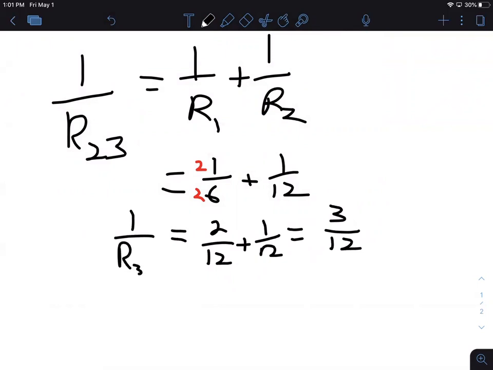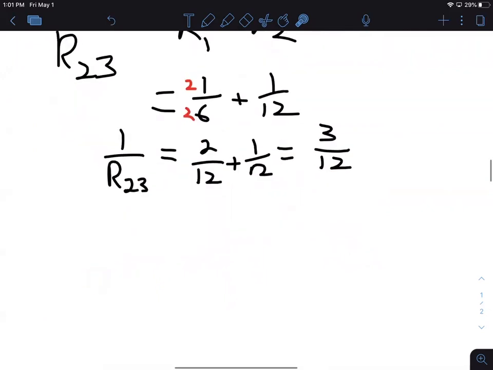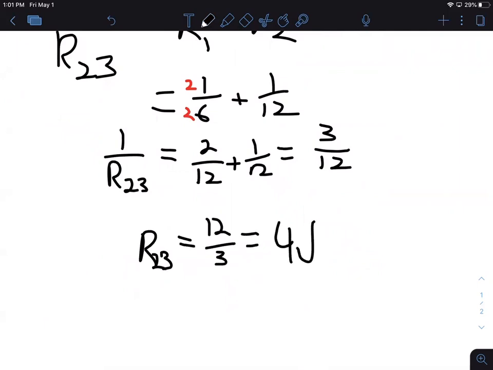So here's a big mistake I see students make a lot, is they'll then say, okay, my equivalent resistance is 3/12. That is not the case because this is 1 over. I have to flip this number at the end to figure out what R23 is. So R23, if I invert both sides, is 12/3 or 4 ohms.